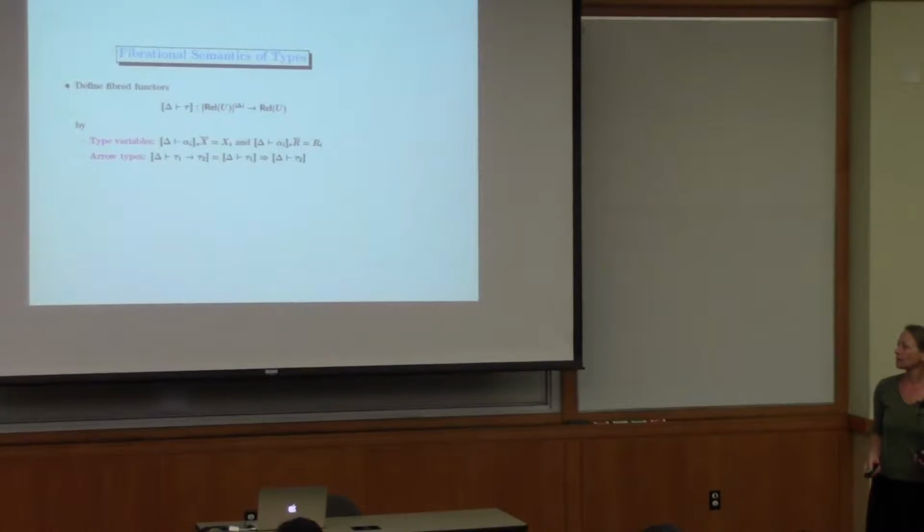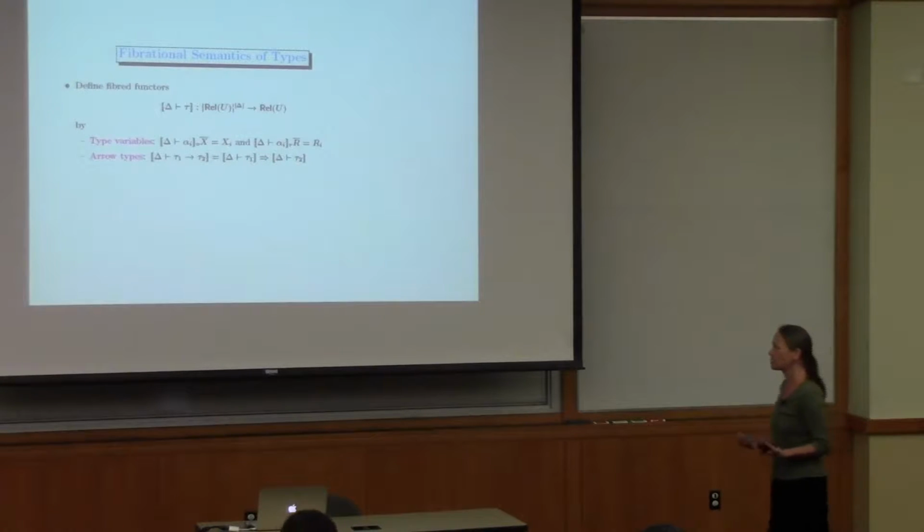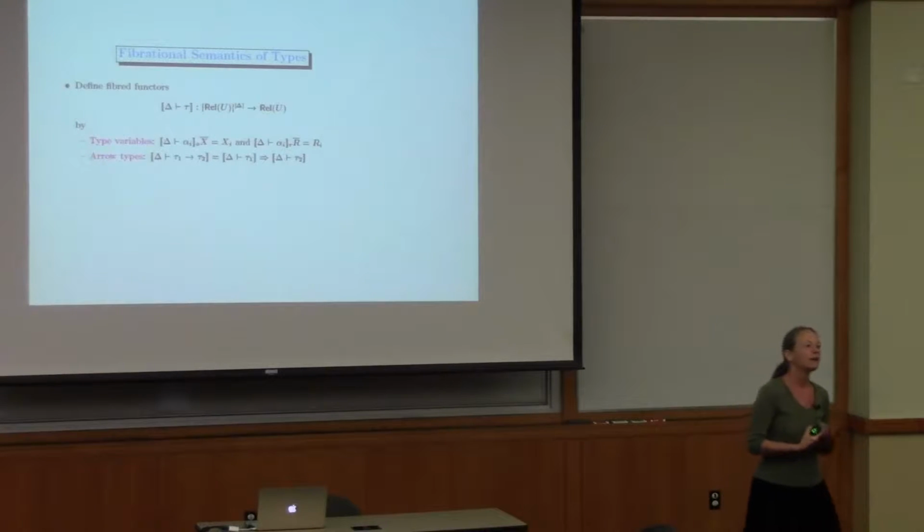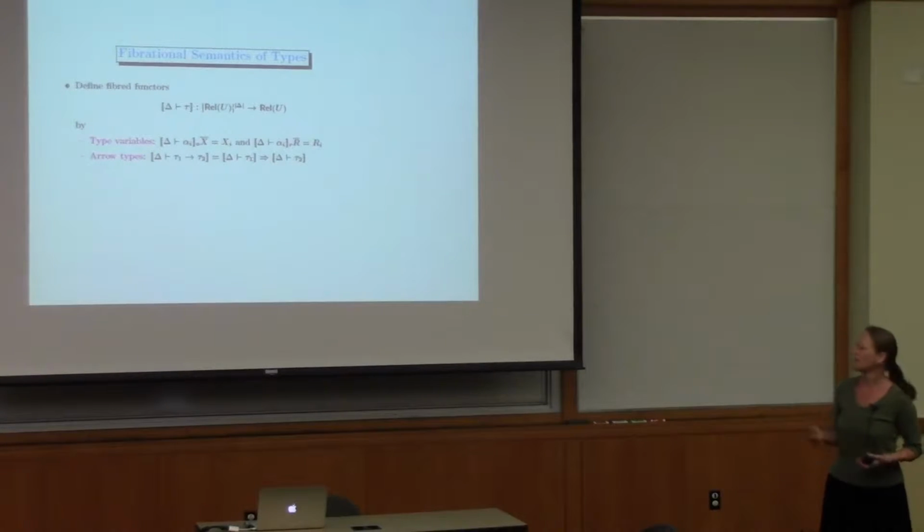How about arrow types? Well, we've set up a bunch of infrastructure so that we can interpret arrow types using exponentials, or using this exponential arrow. Right, we have an equality-preserving arrow fibration. That means I have these exponential arrows. So I just want to interpret a type tau1 arrow tau2 as the interpretation of tau1, the interpretation of tau2, joined using this exponential arrow.